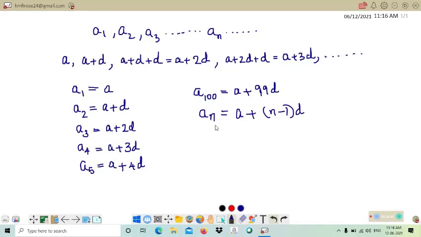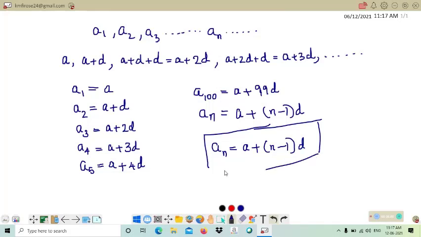So we got an is equal to a plus n minus 1 into d. This is the general term or the nth term of an AP: a plus n minus 1 into d. This is the equation to find the general term or the nth term of an AP. Okay.